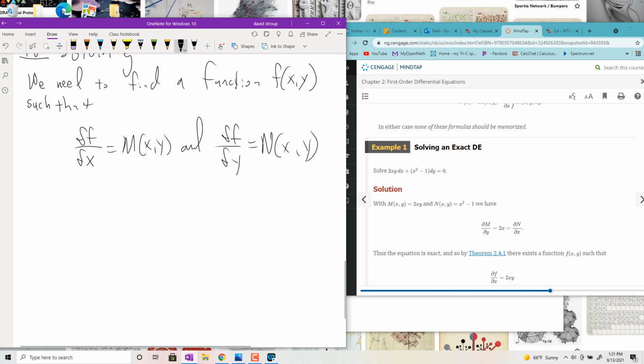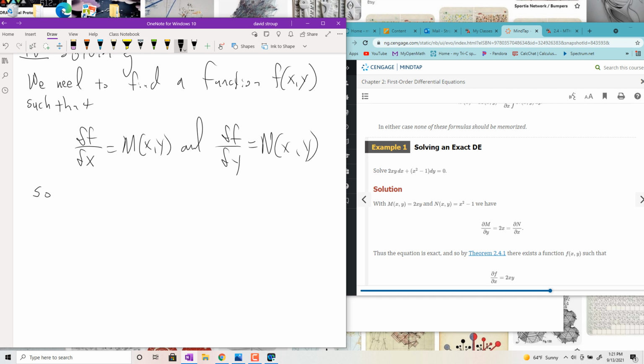So what you're going to be able to do is basically back engineer an image of the function, and then take its partial and align it with the appropriate partials.